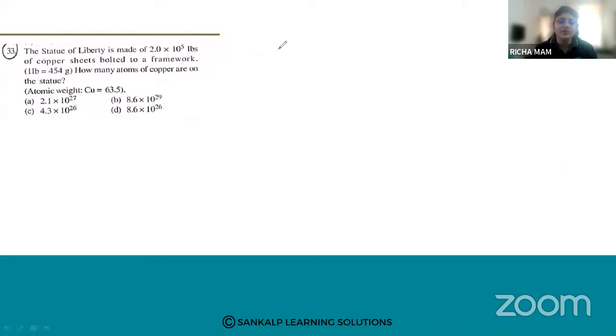So what all is given? We need to write the given things. The mass of copper is given.